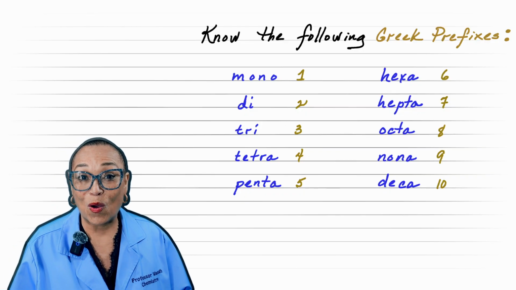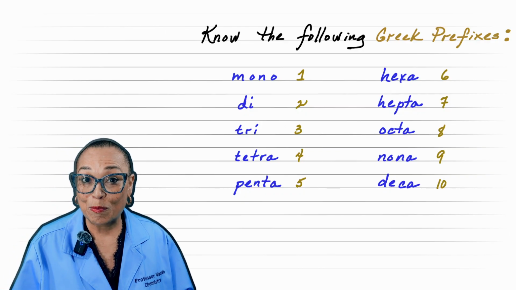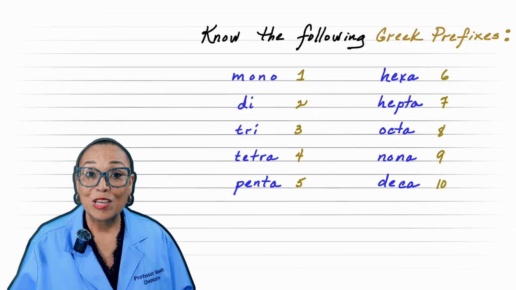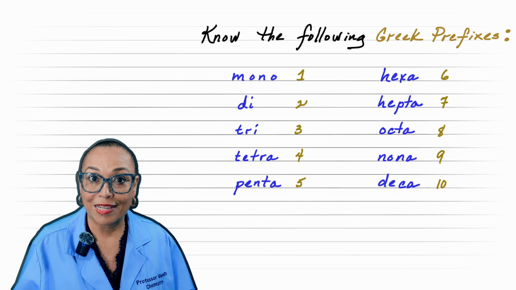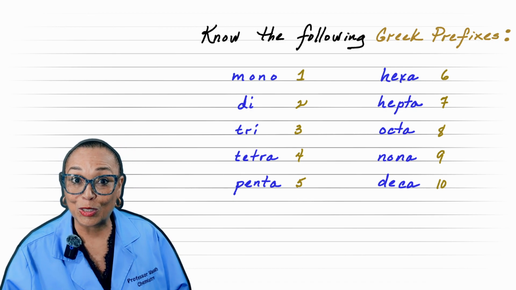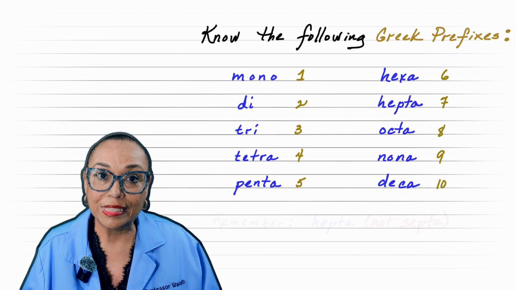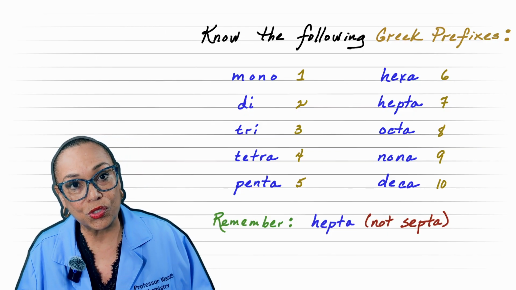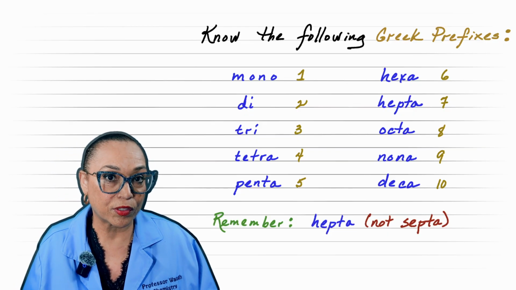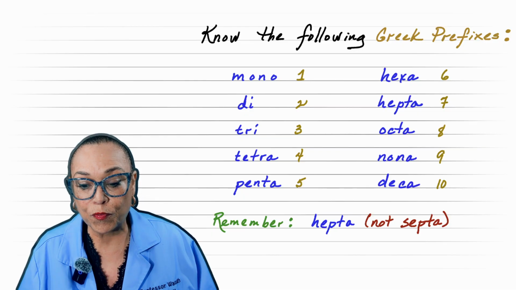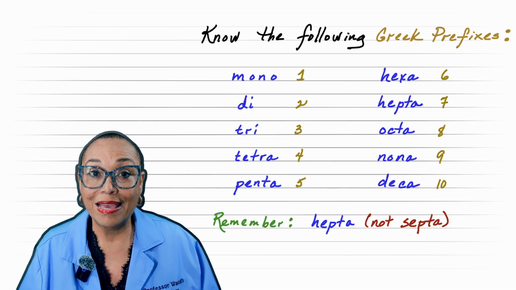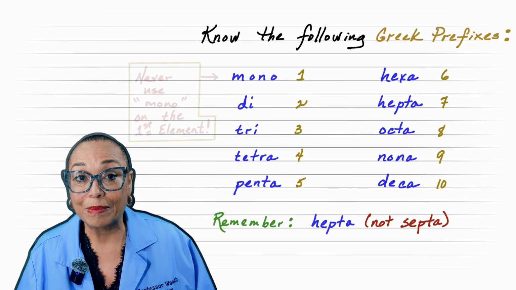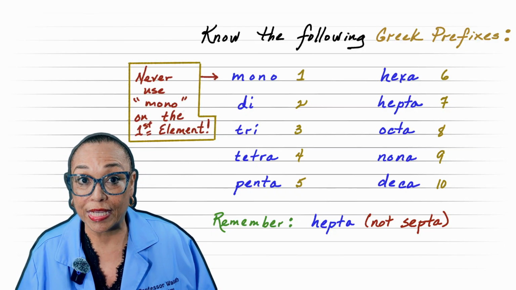You use this all the time. Carbon dioxide, what we breathe out, and carbon monoxide, the silent killer. Now, don't put septa. A lot of my students over the years put septa because they're from other countries. In America, for 7, we use hepta. And never, ever write mono for the first element.